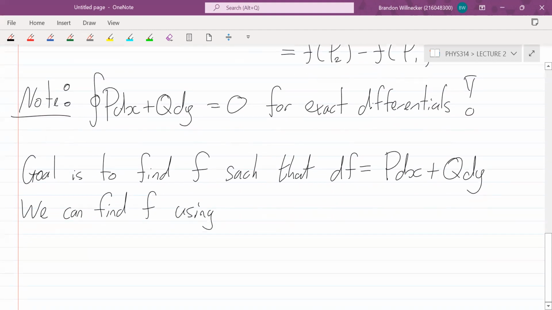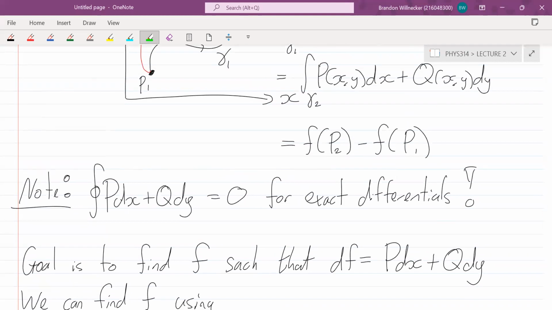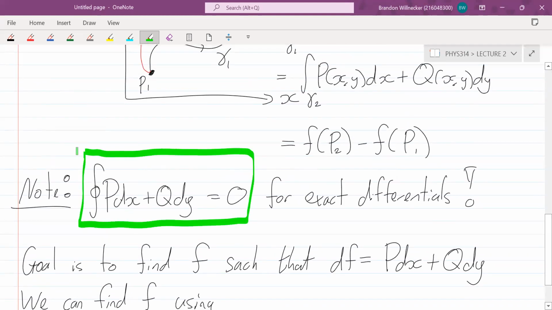We know that the part in front of dx must be df by dx. So df by dx must be equal to P, and df by dy must be equal to Q. We can use these two equations to solve for f. Once we have f, we evaluate it at endpoints and the integral is solved. So use that idea and show this. That will be your little homework exercise.